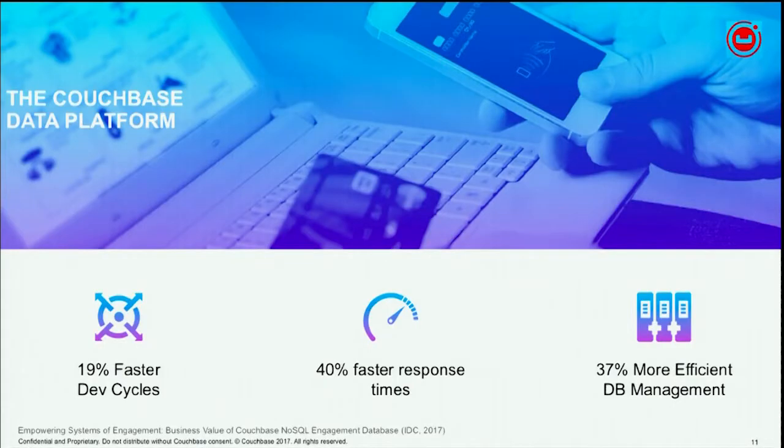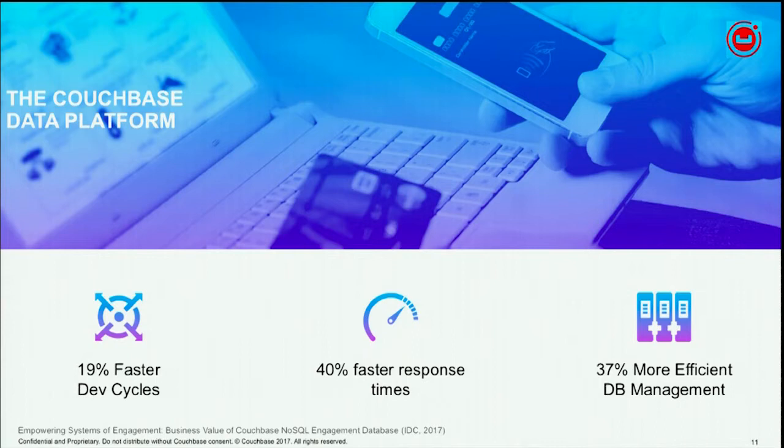And just for some last marketing discussion, if we look at the IDC report that Peter referenced earlier today, from a flexibility perspective, our customers are seeing at least 19% faster development cycles, getting a feature, even a small feature, out to market that much faster. Being able to provide 40% faster response times. We all know that a faster website, a faster app means your customers are going to feel more comfortable using it and continue to use it more.